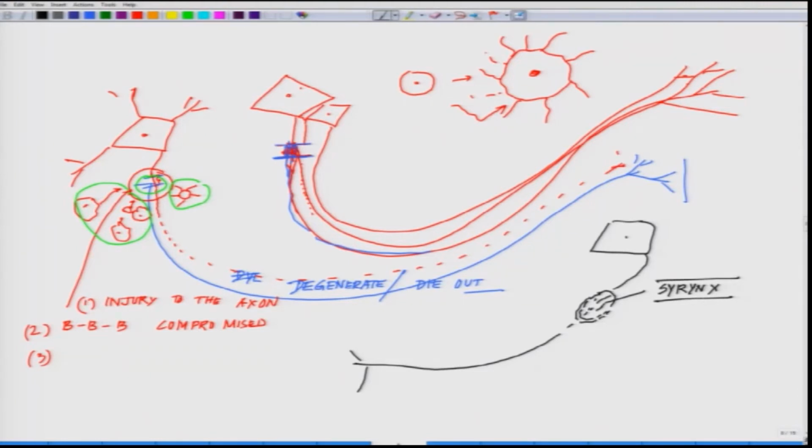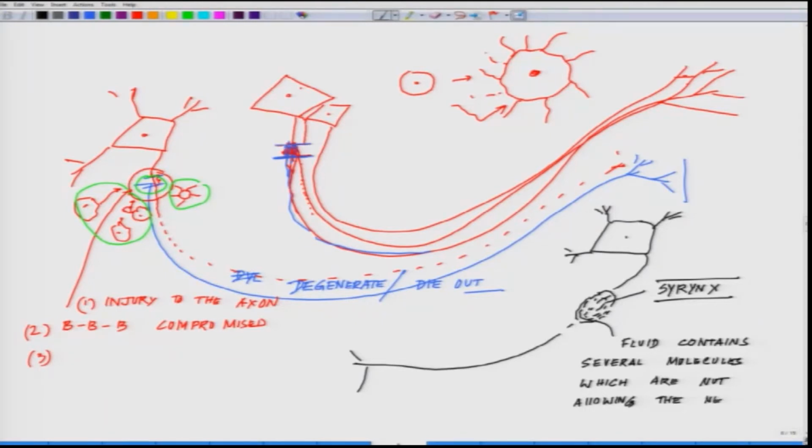Syrinx, interestingly, is a kind of pool of fluid which accumulates there in the spinal cord, which contains several molecules which are not allowing the damaged neuron to grow, or in other words, axonal regrowth is prevented.